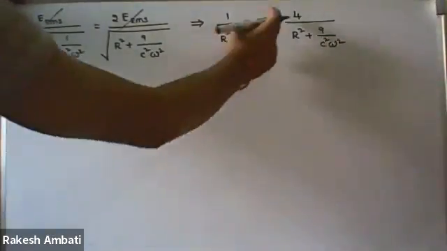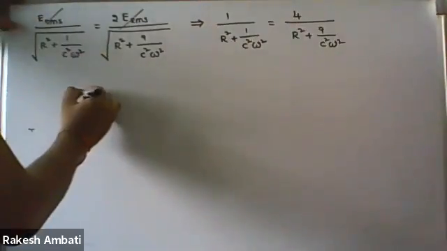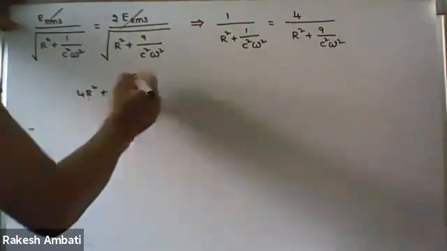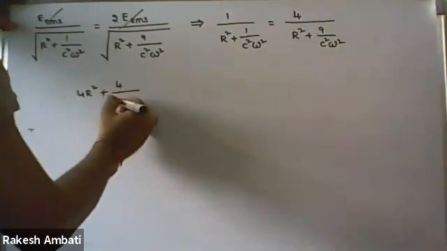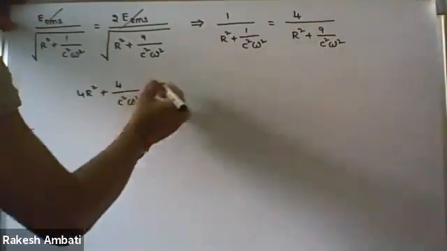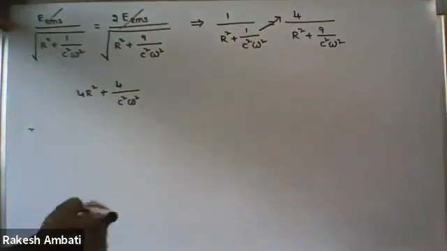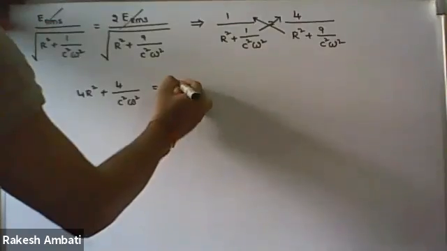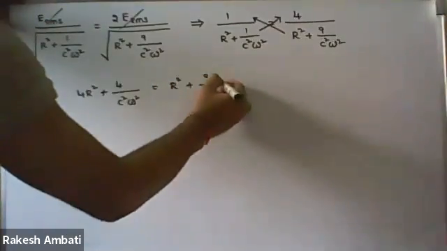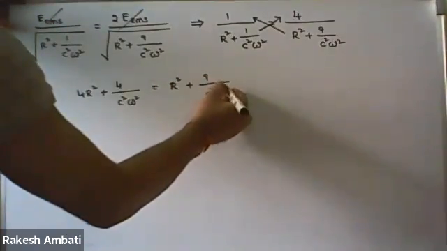By cross multiplication, this value is 4R square plus 4 upon C square omega square, equal to R square plus 9 upon C square omega square.